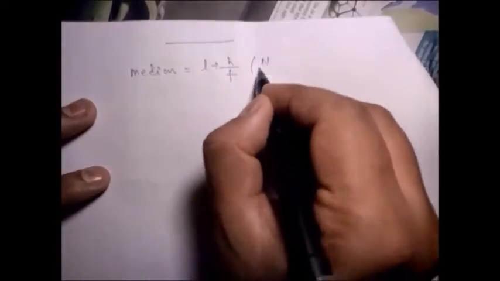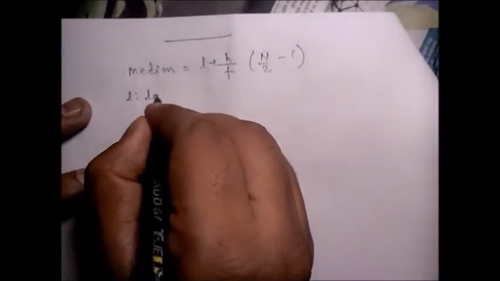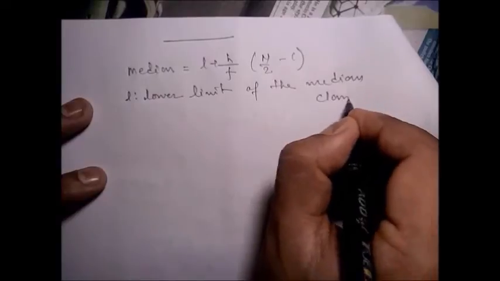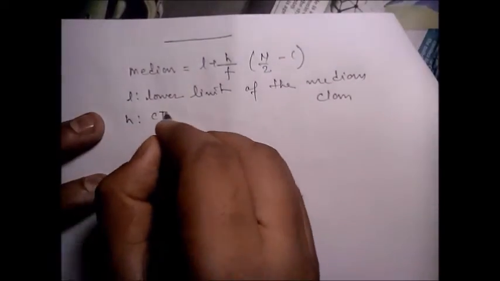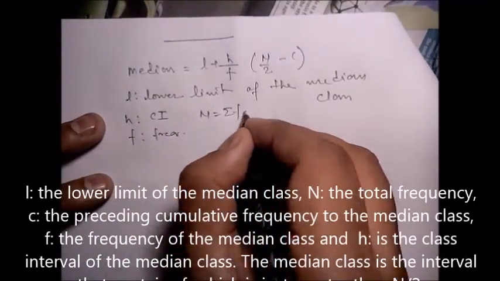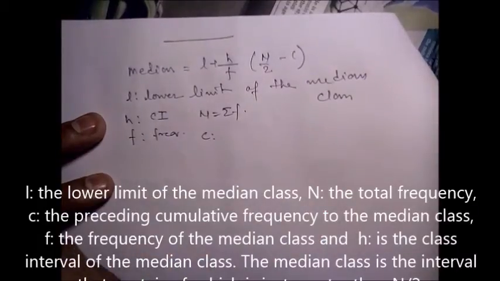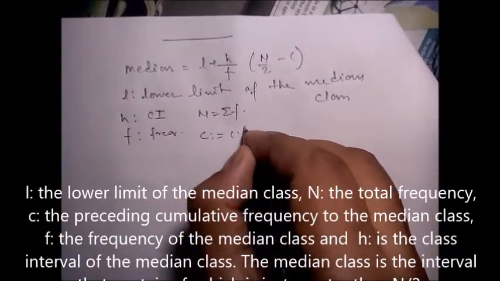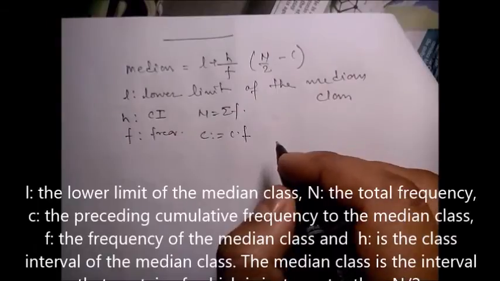Okay, so the formula is median is equal to L plus H by F times n by 2 minus C, where L is the lower limit of the median class, H is the class interval, F is the frequency, N is the summation of the frequency, and C is the cumulative frequency of the class preceding the median class.